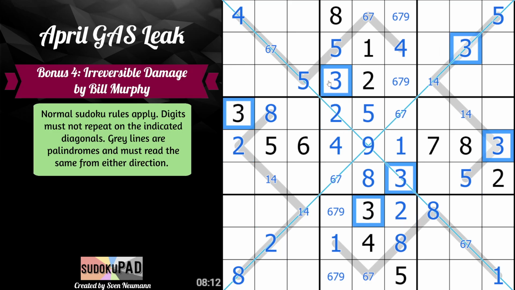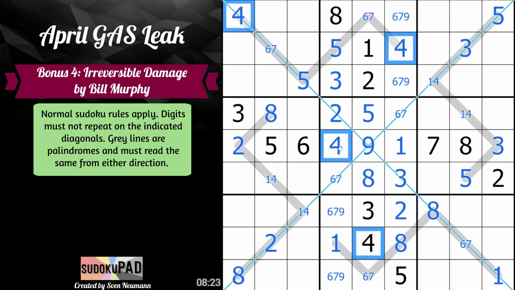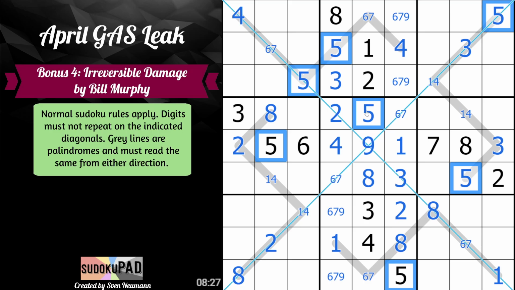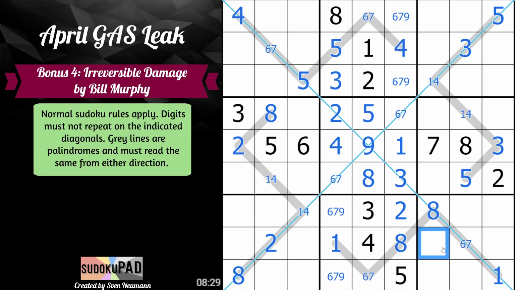Nope. 3. I'm not seeing it. 4. 4 should be symmetrical to 1, right? 5, we can do 5.